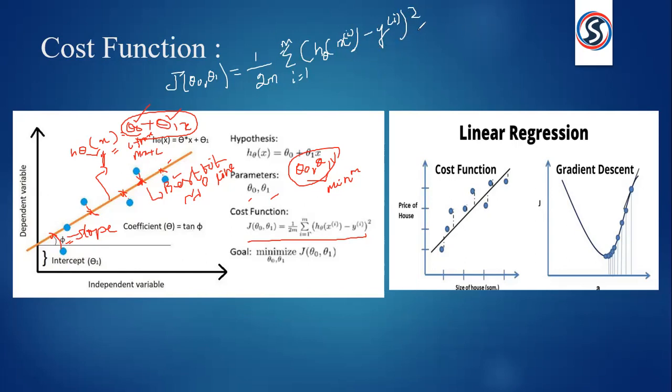First of all, why are we squaring it? To not get any negative values, for non-negative values.